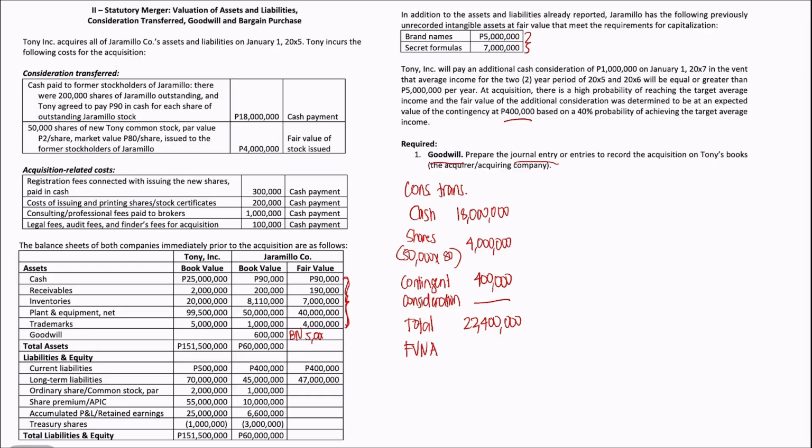We add this to the assets already included in the balance sheet. Hence, the fair value of the total assets of the acquiree is 63,280,000.